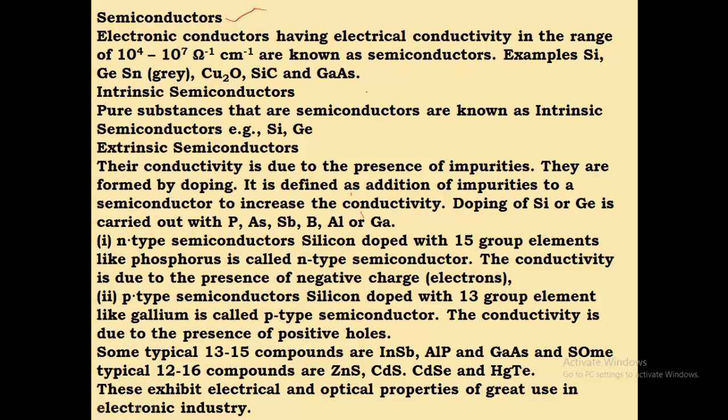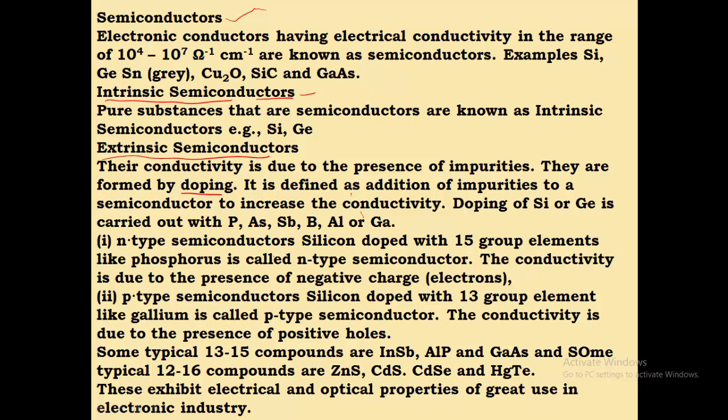Intrinsic semiconductors: pure substances that are semiconductors are known as intrinsic semiconductors, meaning no impurities are added into these semiconductors. And extrinsic semiconductors: to enhance the conductivity, we add certain impurities, that is known as doping, and conductivity is increased.